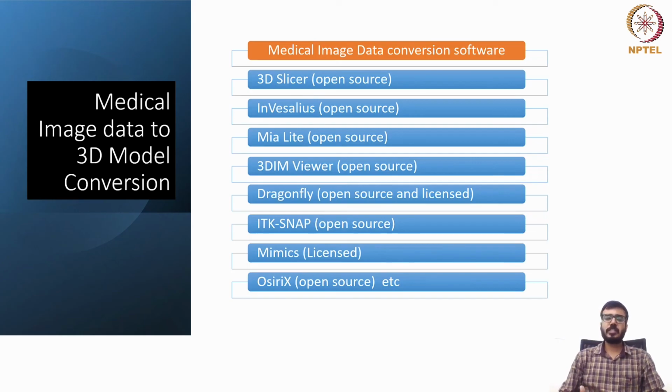Some of the software are listed here: 3D Slicer, InVesalius, Mialite, 3D Viewer, Dragonfly, ITK-SNAP, Mimics, Osirix, etc. One of the most commonly used software is 3D Slicer, which is an open source software.